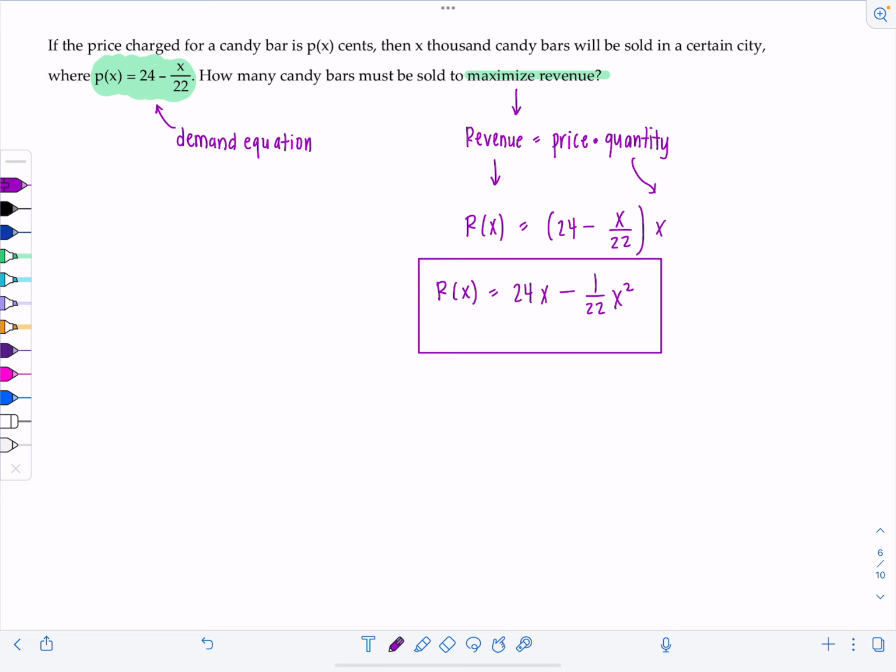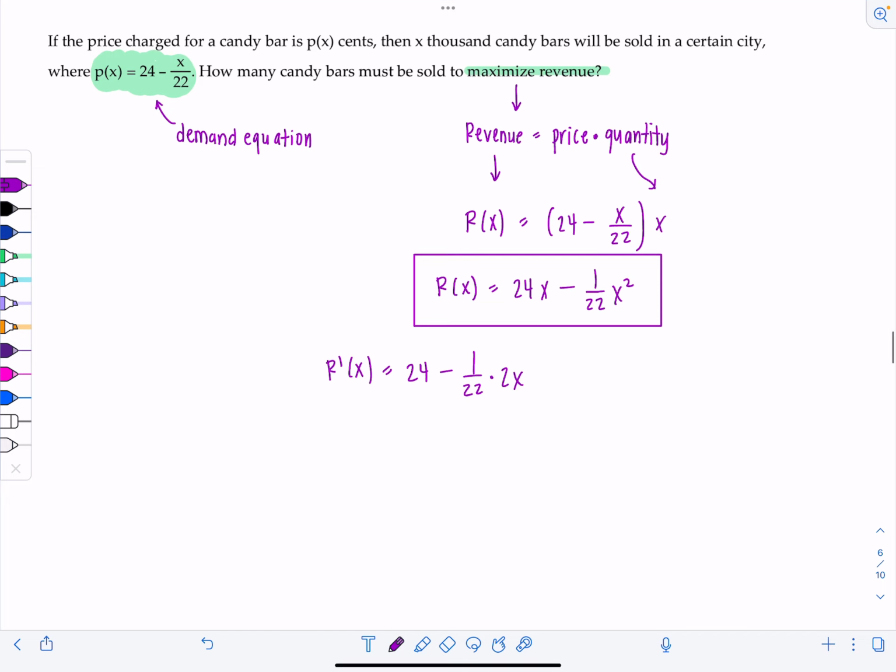Okay, now we need to optimize it. We need to figure out the max revenue. Let's take a derivative. R prime of x is going to be 24 minus 1 over 22 times 2x. So what's that going to give us? 24 minus 1 over 11 times x. Critical values come from where R prime of x equals 0 and where R prime doesn't exist.